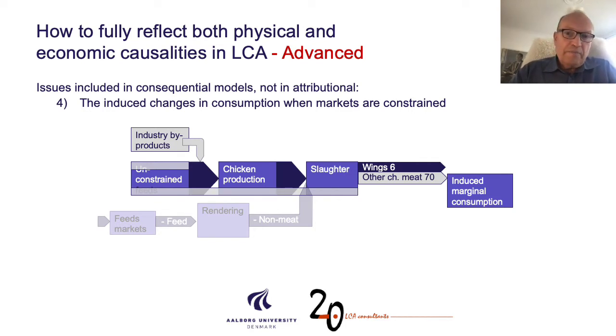But since we're not demanding it, and we cannot substitute it away because there is no alternative production that can be substituted, because there's no other way of producing chicken meat than from chicken, then we're actually inducing a marginal consumption. Somebody needs to eat this additional production, and the way that this is done is by lowering the price until there has been this additional consumption.